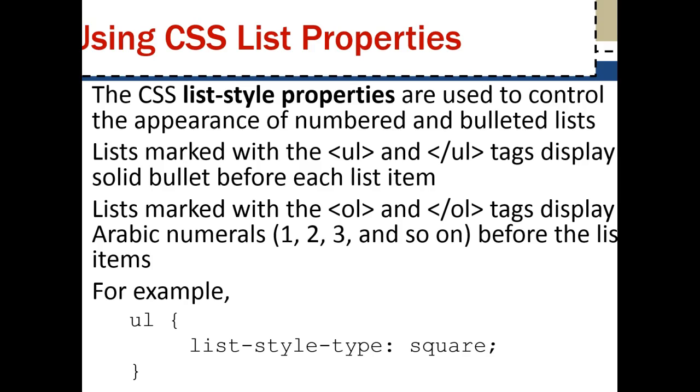We can use the list-style-type property to specify a different type of bullet or numbering style if we want. For example, we can put UL, list-style-type, square. We don't want it to be a bullet; we want to just change it to a square.